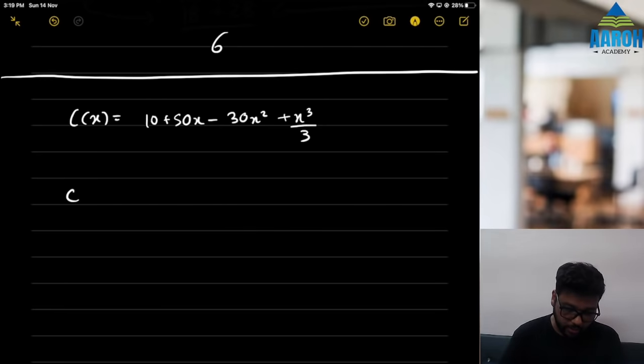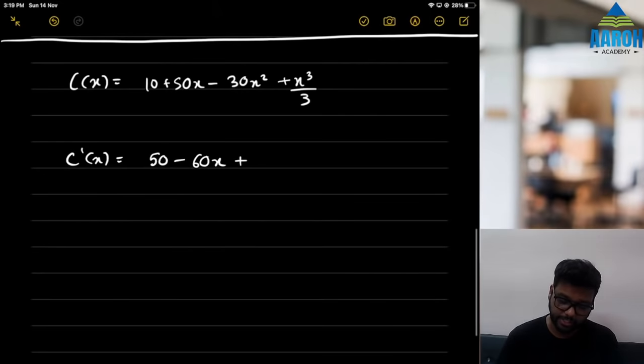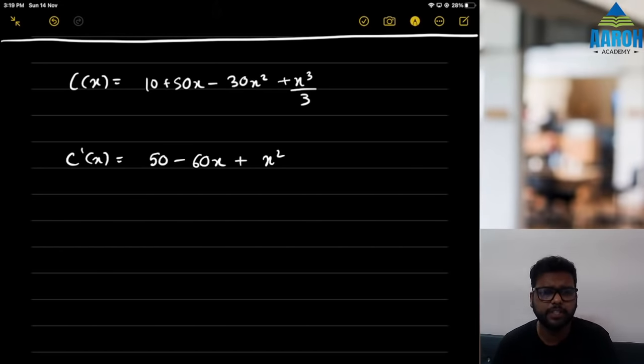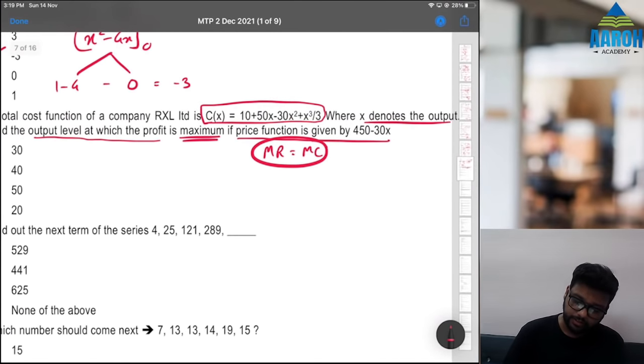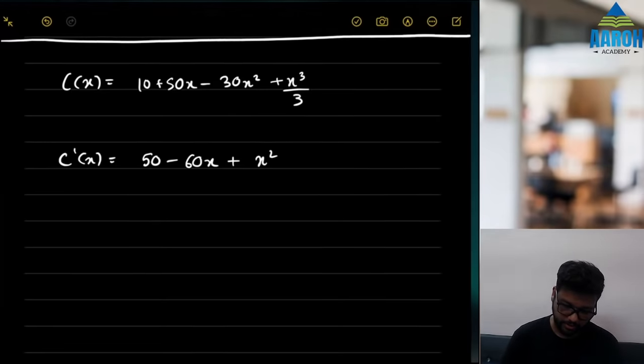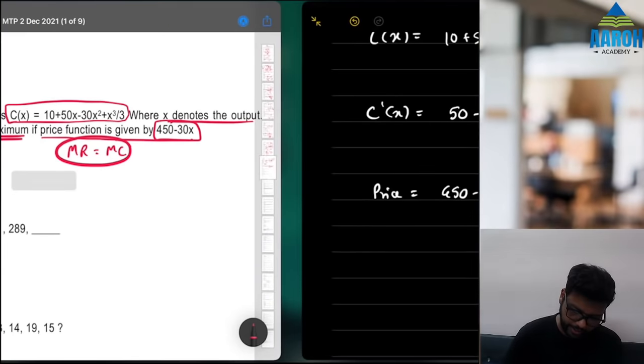So marginal cost, that is c dash x, will be: 10 will become 0, 50 minus 30 into 2x, that is 60x, plus 3 will come down, so it will be just x square. This is the marginal cost. And revenue is what? They are saying that this is the price, 450 minus 30x. They are saying that price is 450 minus 30x.